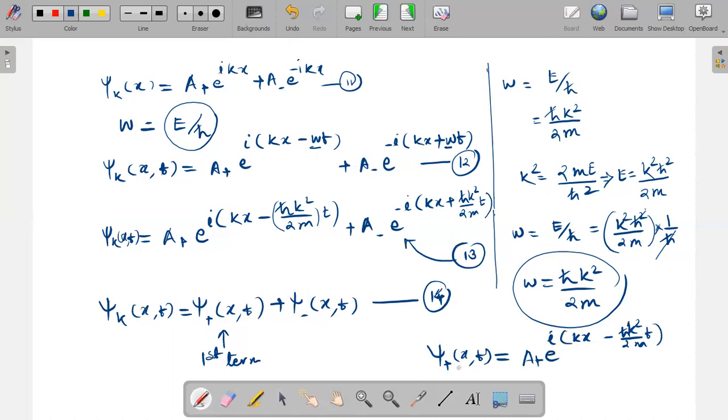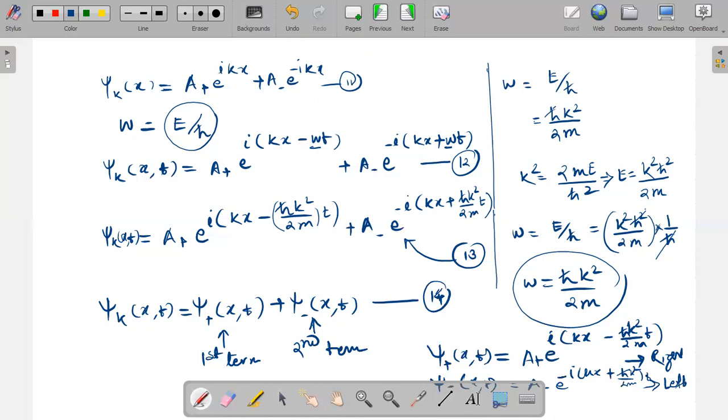This is the first term, which represents a wave traveling to the right. And psi minus is the second term, psi minus of x comma t. It is a minus e raised to minus i kx plus h cross k square upon 2m t, which represents a wave traveling to the left.